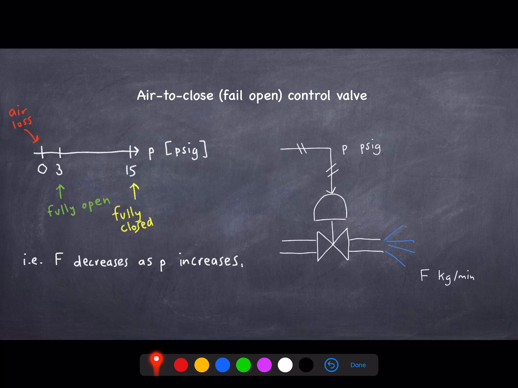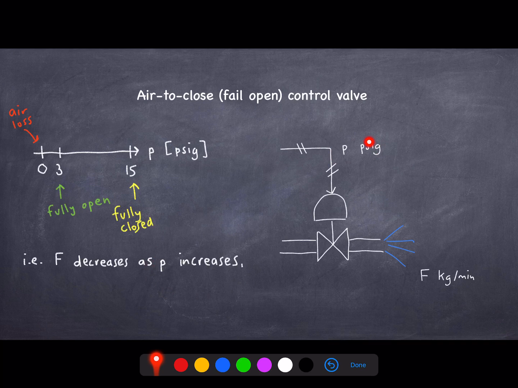On the other hand, an air to close valve, the more air you have, the more closed it will become. So at 3 psi, the valve is fully open. At 15 psi, the valve is fully closed. I.e., as you increase the pressure, P, your pneumatic signal on the valve, F will decrease in an air to close control valve.